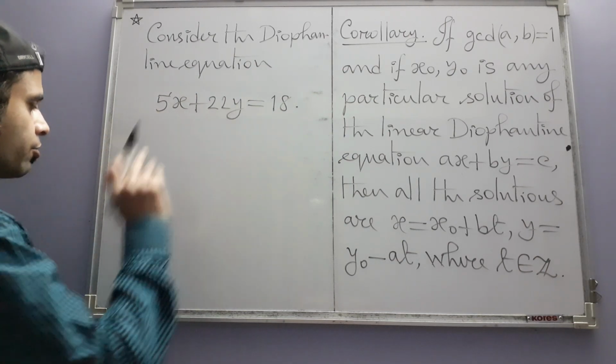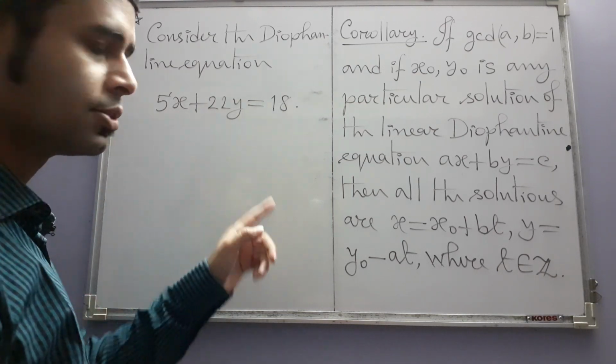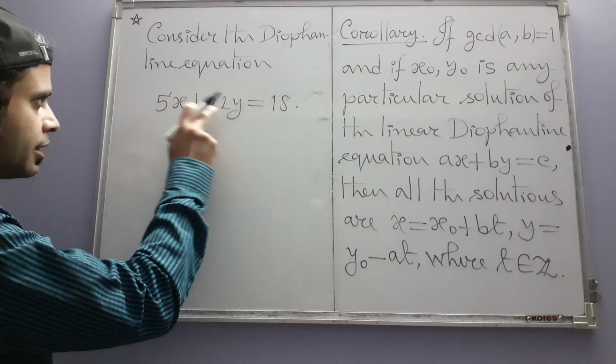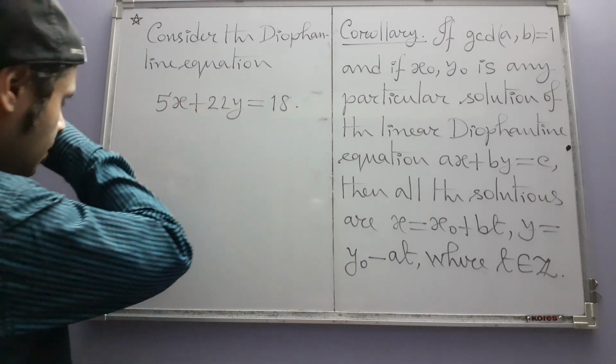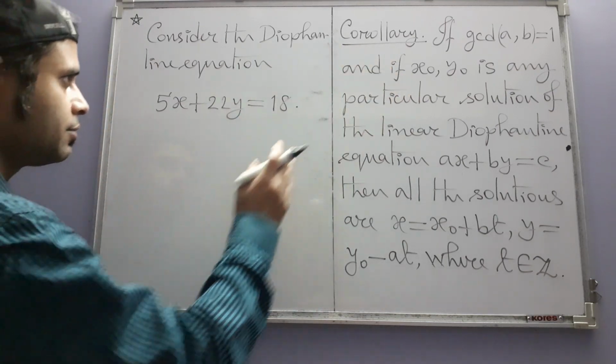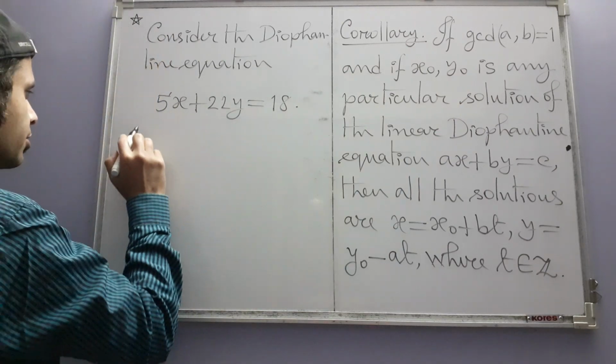Now, okay, so now what is the GCD of 5 and 22? That is 1, because 5 and 22 are relatively prime. 5 is a prime which does not divide 22, that's why. So that means we can apply this corollary. But for that, we first of all need a particular solution, and one such solution is this.